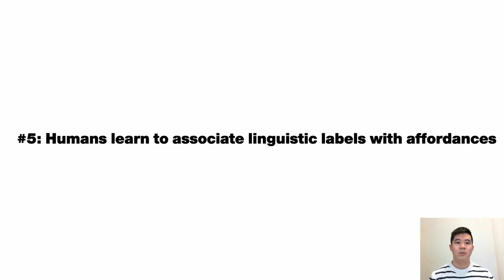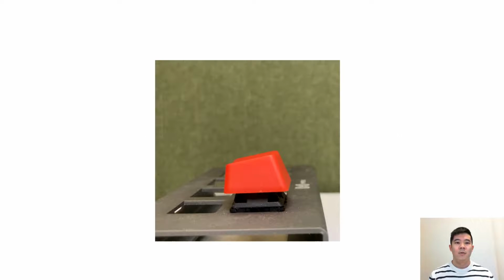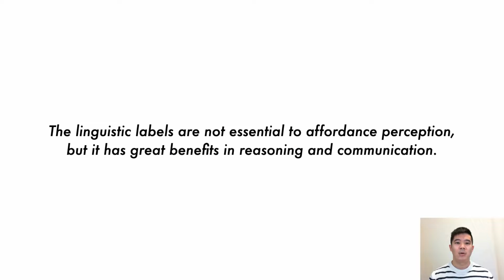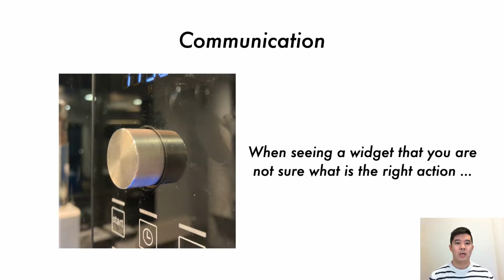Lastly, humans are able to associate linguistic labels with affordances. For example, you know this object is pressable not just because you know how to create the motion, but also because you know this action is named press. While the linguistic labels are not essential, they provide benefits in reasoning and communication, especially communication.